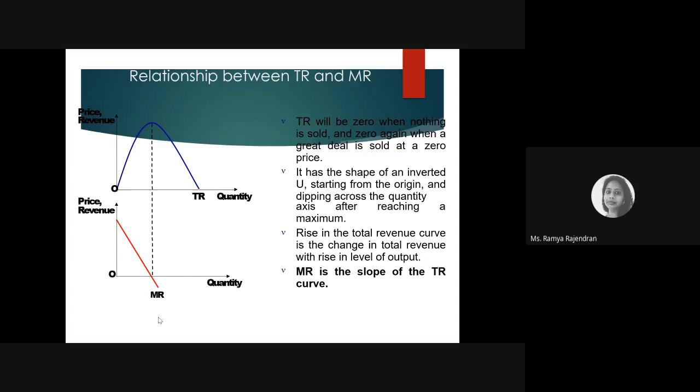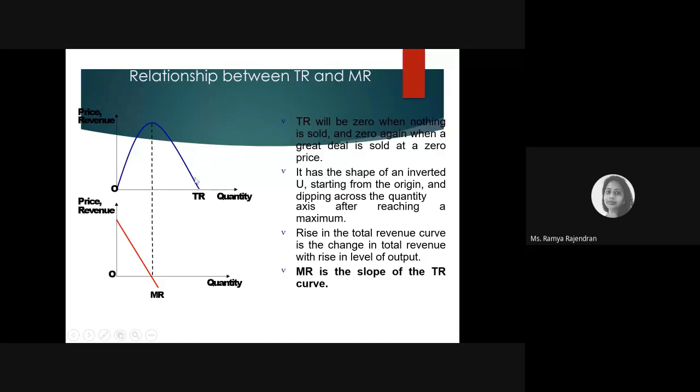So the relationship between the total revenue and marginal revenue: when you see the total revenue, it's increasing up to a point as the quantity increases, but it starts dropping off because you cannot make more money when you keep increasing the product, when the quantity is a little higher and the price becomes 0.